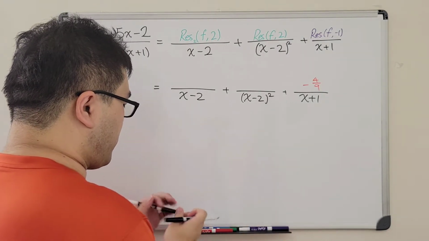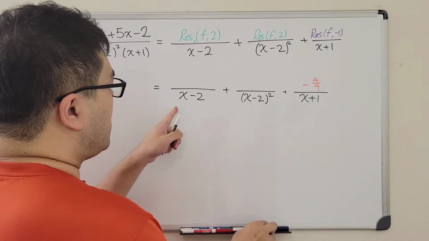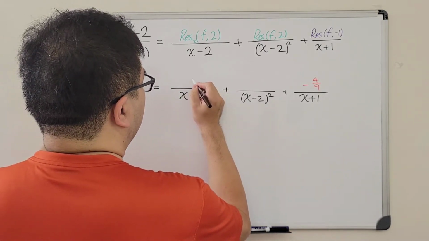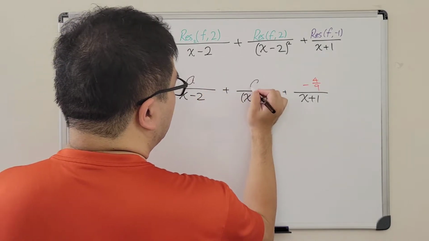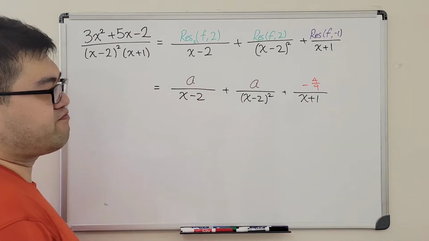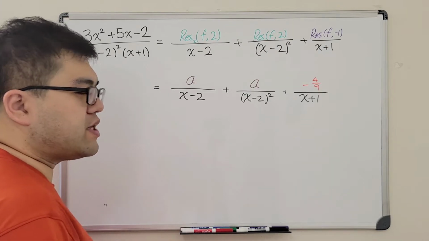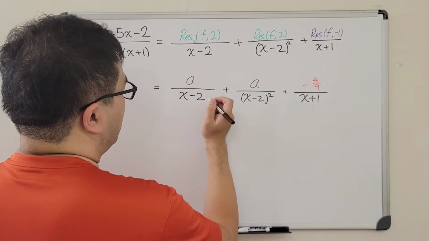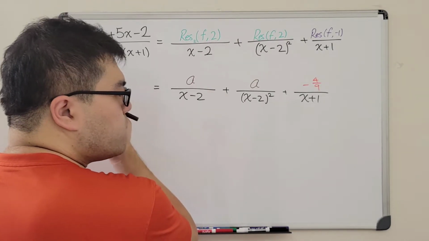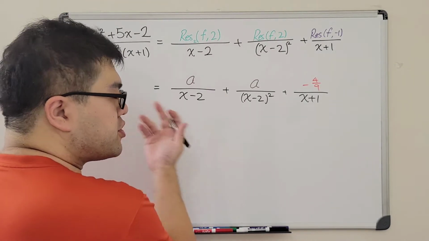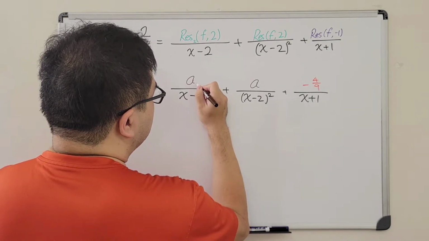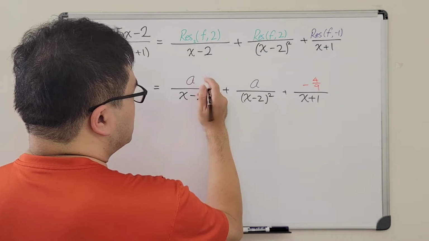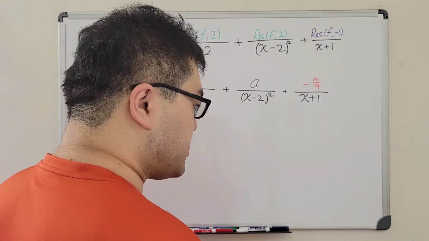Now, formally, we can write these two as the following. We have A, again, just coefficients, so you can use any letters except x, okay? And this is how most people usually denote it.